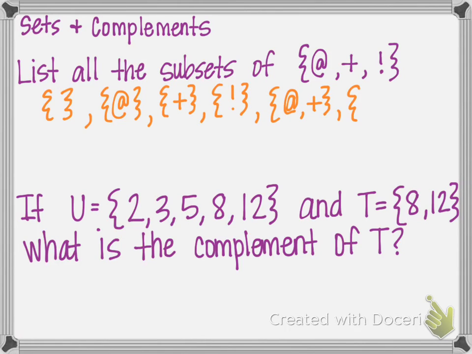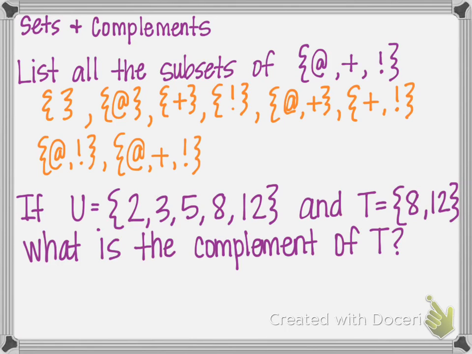Or I could choose the plus sign and the exclamation point. Or I could choose the @ symbol and the exclamation point. And then the last thing I could choose is everything. I just need everything. So @ symbol, plus sign, exclamation point.